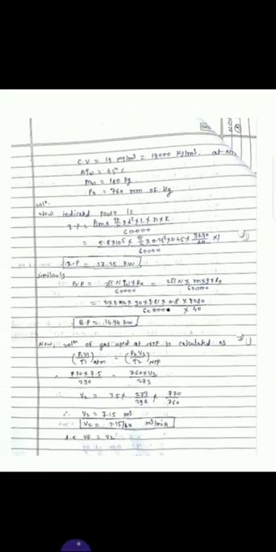Okay. Now next, what is given? Rise in the temperature of jacket cooling water is 45 degrees Celsius. That means delta T of the water, delta T of W, is 45 degrees Celsius. Then next, cooling water supplied equals 180. That means mass of water is given as 180 kg.